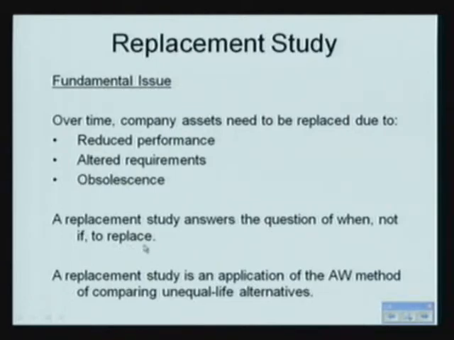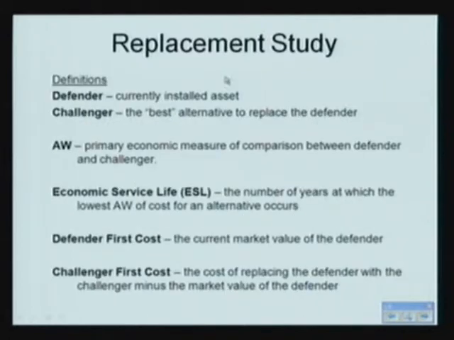So the whole idea here is, should I keep this asset that I have, this machine, this process, running for the next couple of years, or should I replace it immediately? And it says here, a replacement study is an application of the annual worth method of comparing unequal life alternatives.